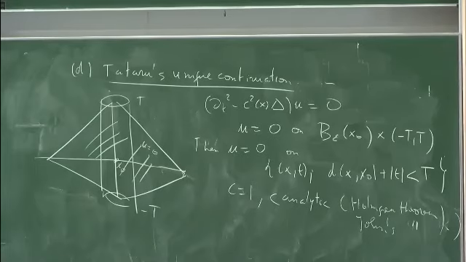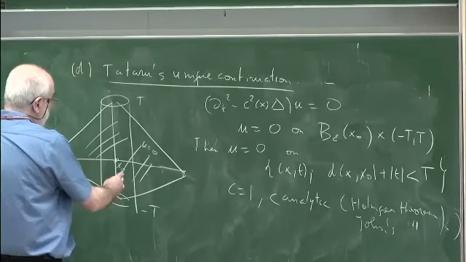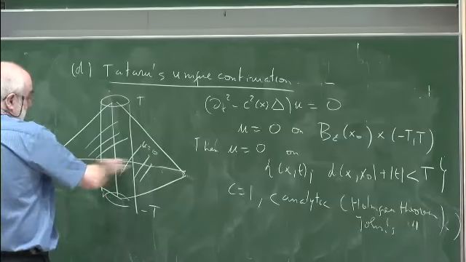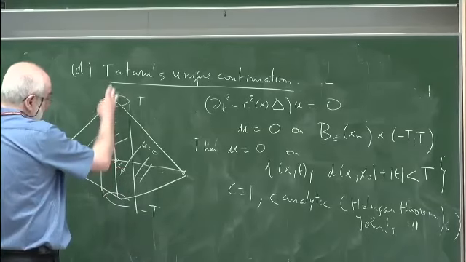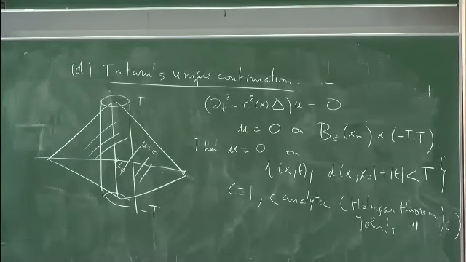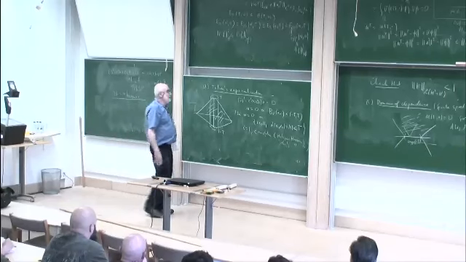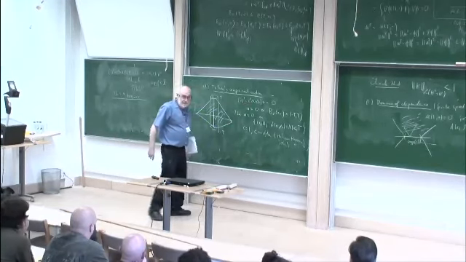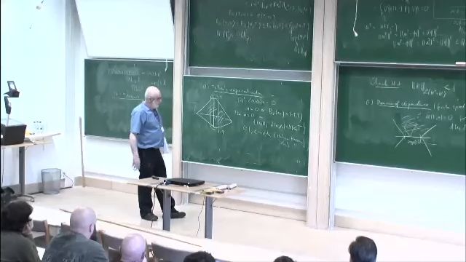So this is different from the domain of dependence, because this is a time-like surface. The other one was a space-like surface. So it's unique continuation from a time-like surface. So a very powerful and deep theorem. And this is even valid if c depends on t, but it has to depend analytically on t. But certainly the case independent of t is true.